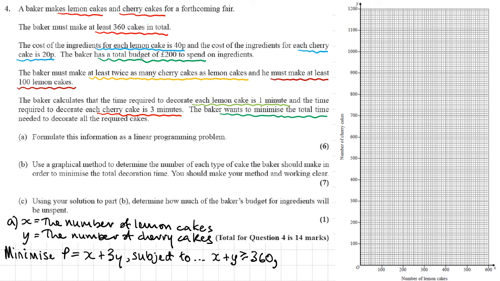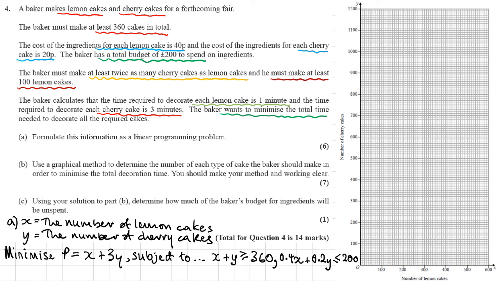So in pounds, that's 0.4x, 40 pence per lemon cake, plus 0.2y, 20 pence per cherry cake, and that needs to be a maximum of their budget, so we can only go up to £200 in total. Then the next one, the baker must make at least twice as many cherry cakes as lemon cakes.